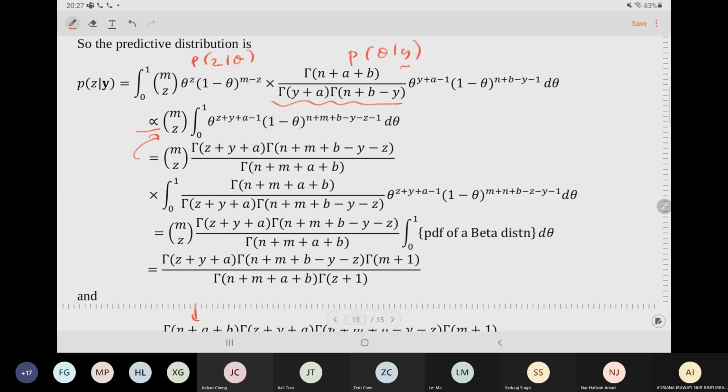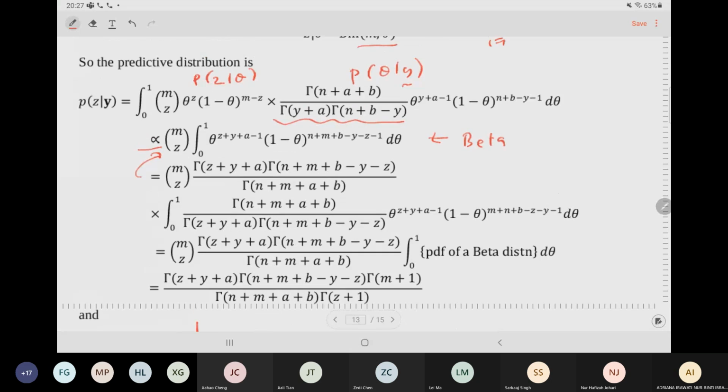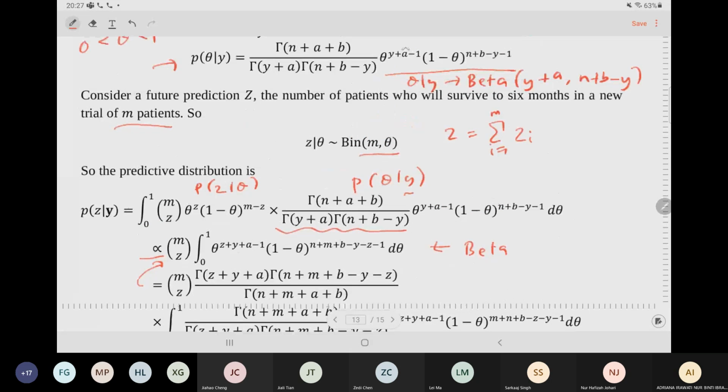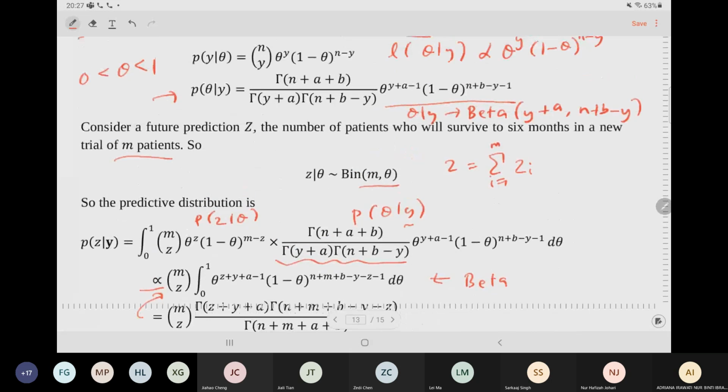So what happened here is you have to recognize that this is a kernel of a beta. How do you recognize it? You remember from before: if you have this kernel, theta to the power of something minus 1, times 1 minus theta to the power of something minus 1, and theta is between 0 and 1, then this is a kernel of a beta.